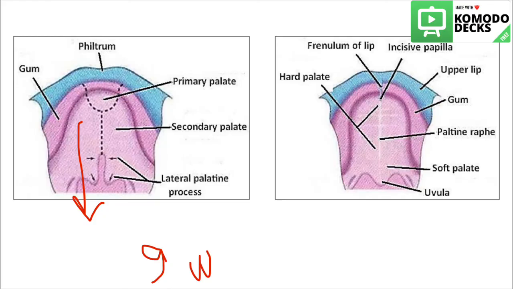It is completed by the 12th week, where bone will develop in the anterior part, forming the hard palate, and the posterior part will develop as the muscular soft palate.